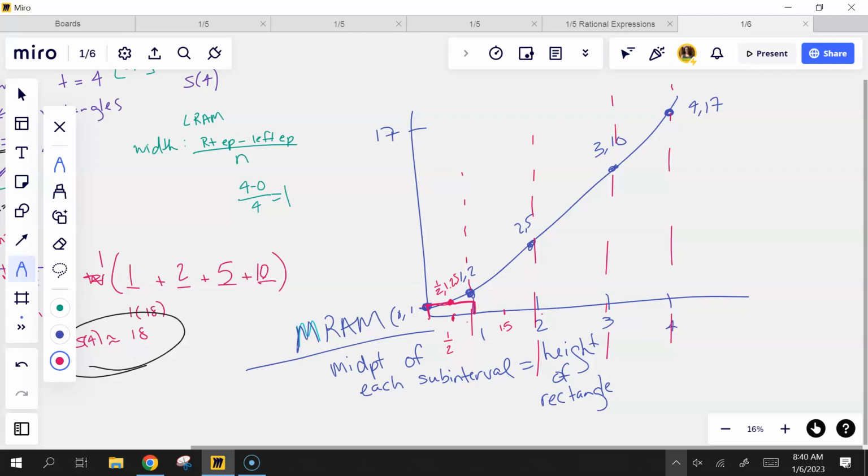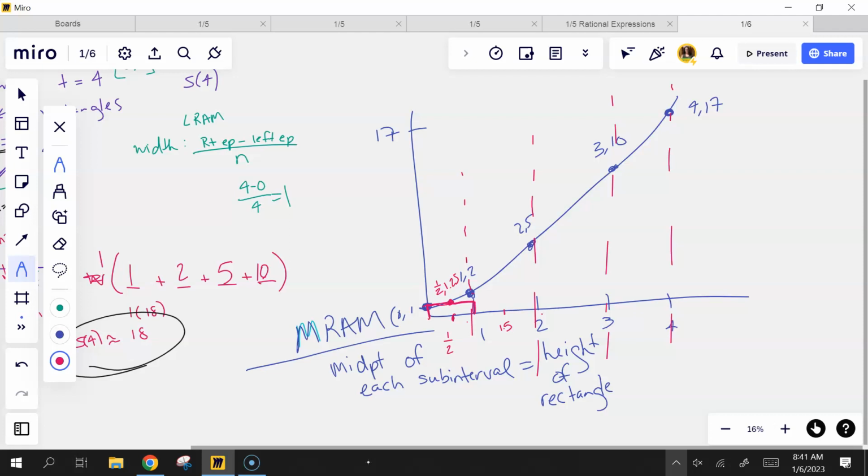So instead of using the left point and spanning the interval, or using the right point and spanning the interval, I use the middle and span the interval. It would just go to 1. Because if there's 4 equal subintervals, there's 4 rectangles, then it has to go from 0 to 1. Because my whole length is 4, right?